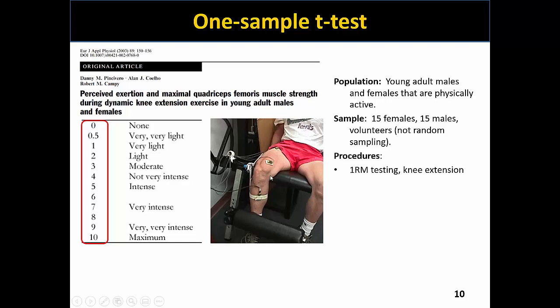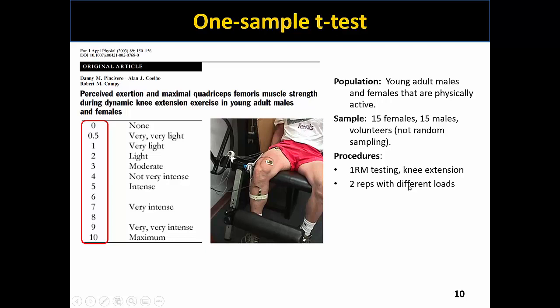The procedures first involved examining a person's maximum strength generating capability in what's called 1RM testing. The person was evaluated for how much weight they could lift with this exercise, doing one leg extension only one time. They were only able to achieve one repetition of this particular exercise, which was knee extension.